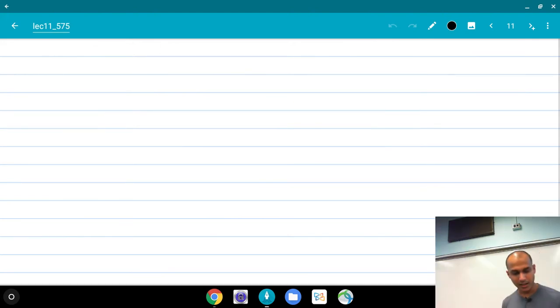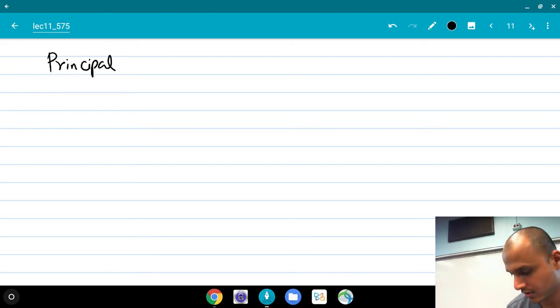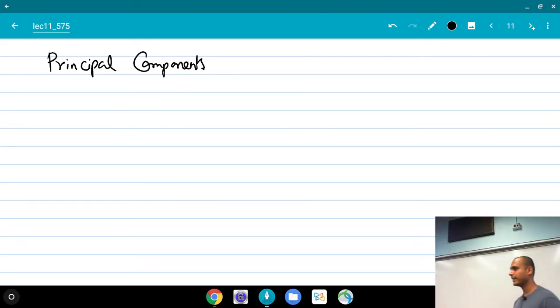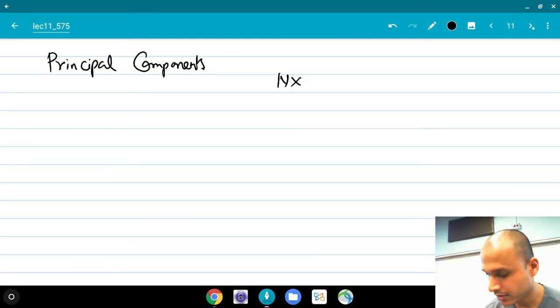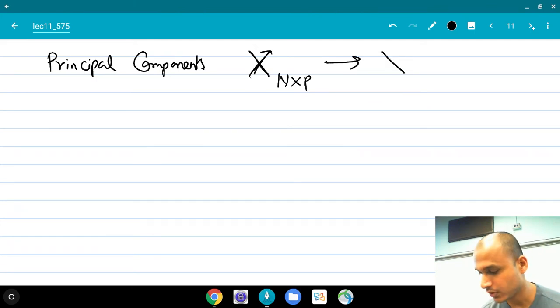Okay, so what's the use of principal components in unsupervised learning? One use is dimensionality reduction, which means that I have n cross p points, the original X matrix.